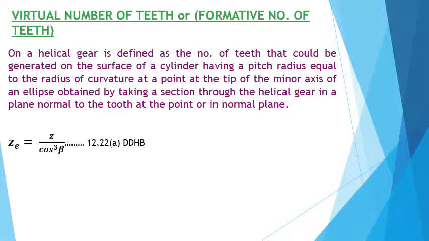So this is given by the expression z suffix e, that is the virtual number of teeth, given by z divided by cos cube beta, where z refers to the actual number of teeth and beta is the helix angle. This equation is available as equation 12.22a from the design data handbook.